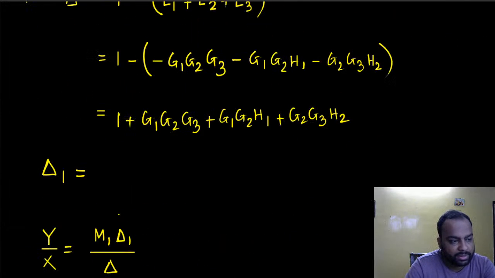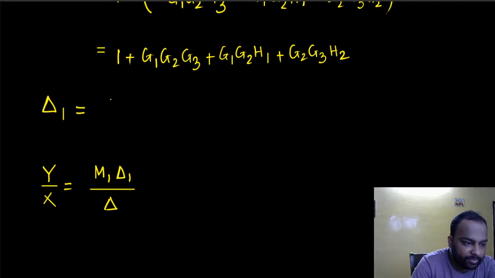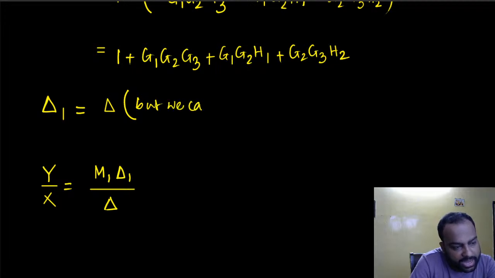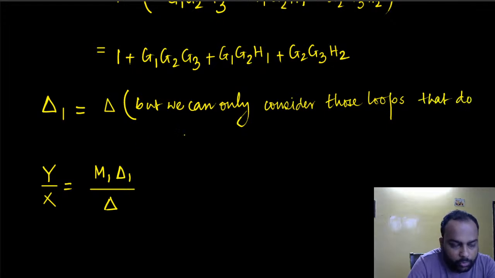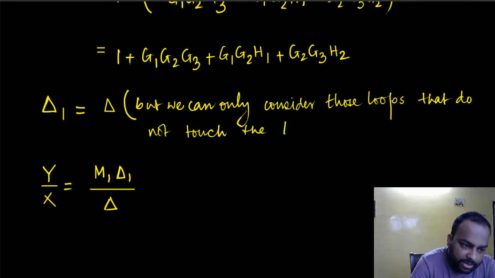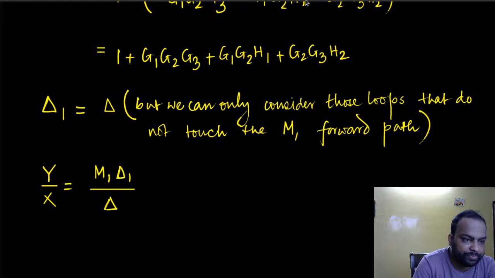So in this example, this would be delta, but we can only consider those loops that do not touch the m1 forward path. Very simple.